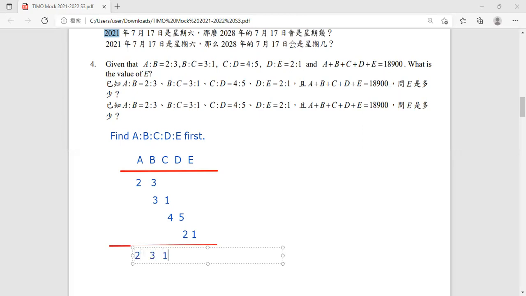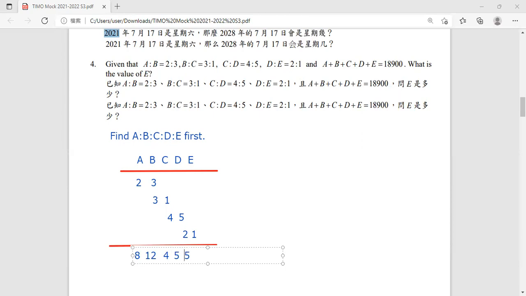First A to B to C will be 2 to 3 to 1, but I have to multiply it by 4 because C to D is 1 to 4. This is 5 and this is 4, and now it's 12 and this is 8. Finally I have to multiply it by 2.